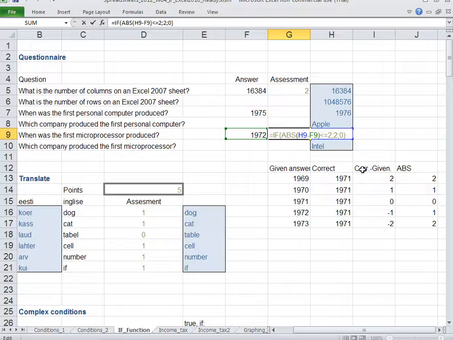Let's turn this example, we're going to come back to absolute values, into an even more difficult case. We now want to give the user the opportunity to give 3 different answers.